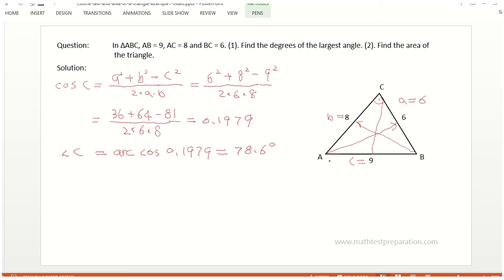Now we will find the area of the triangle by using the area formula. So the area of the triangle ABC equals half times 2 sides times sine of the angle between them.